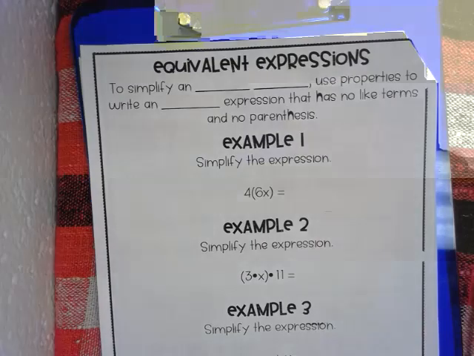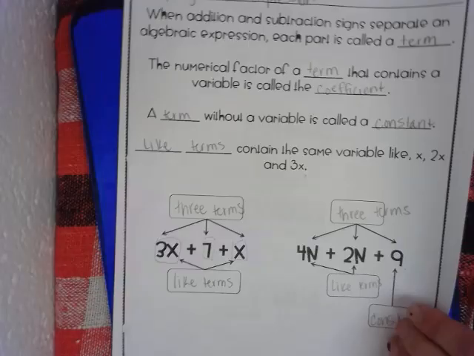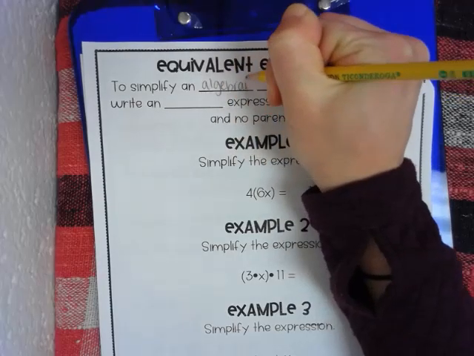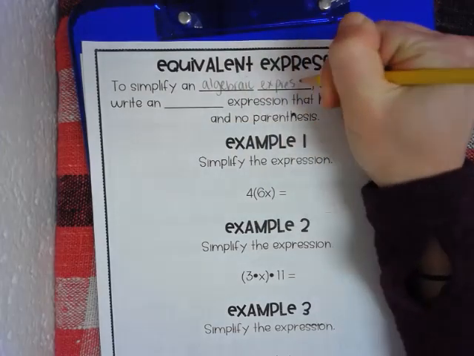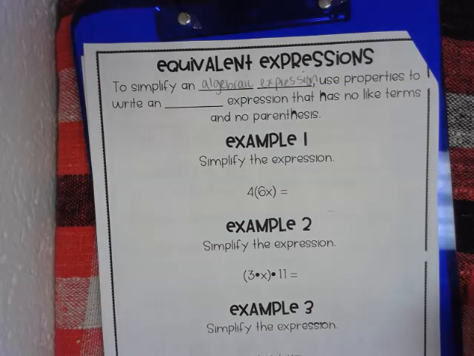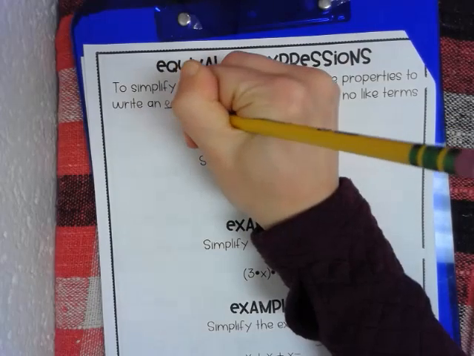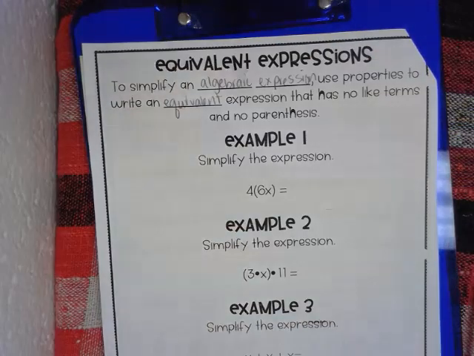All right, to simplify an algebraic expression, use properties, and we learned about the properties already, to write an equivalent or an equal expression that has no like terms and no parentheses.